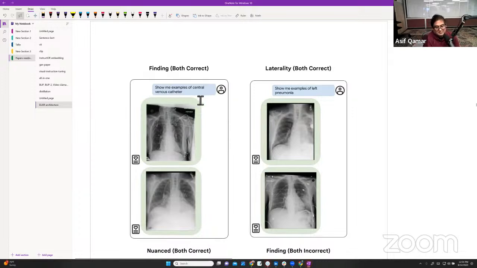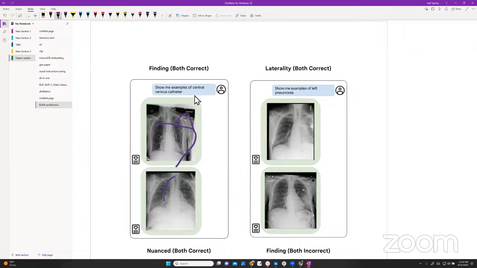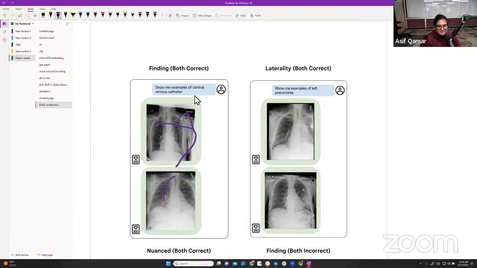Now, not as a physician, but I would imagine, and I have no idea actually what I'm talking about, but most likely you're talking about these lines. Am I right? This is the central line. Yes, yes. So as a visual search, it did find the right pictures.